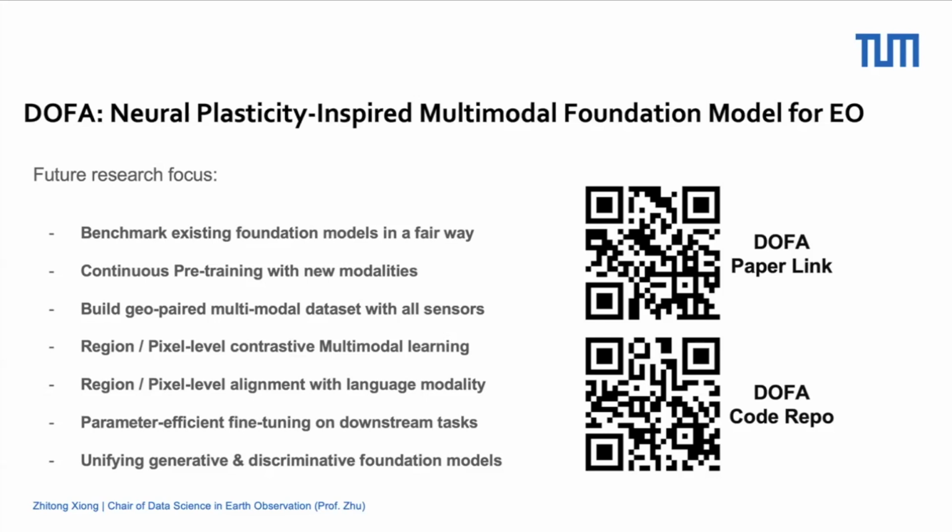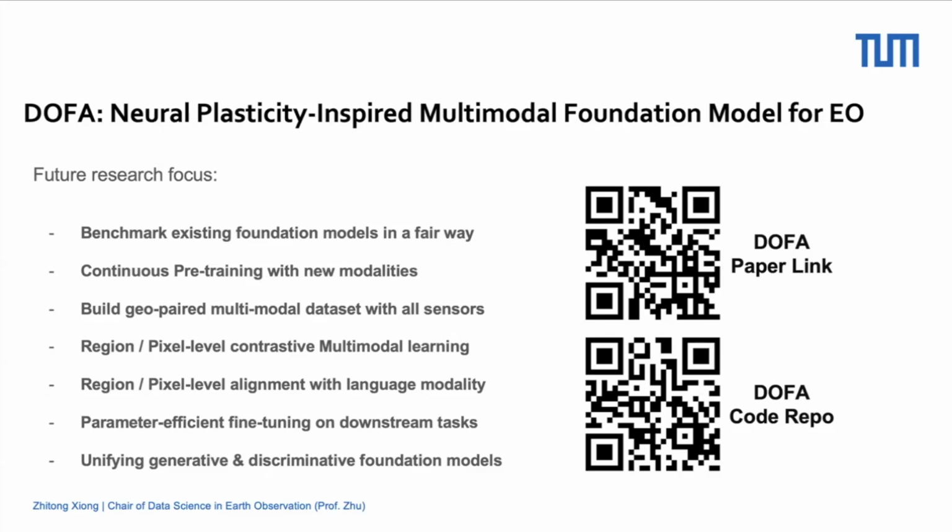And regarding datasets, I know there is a dataset called MMEarth. Yes, we also want to build such a dataset with geo-paired multimodality and with different sensors. This could be fundamental for developing multimodal foundation models.